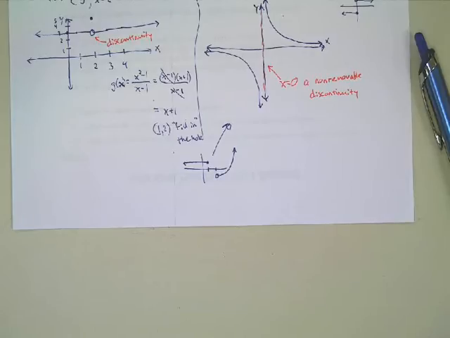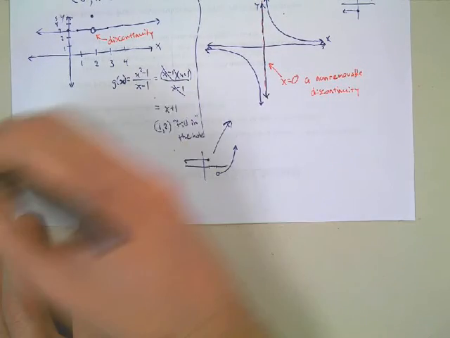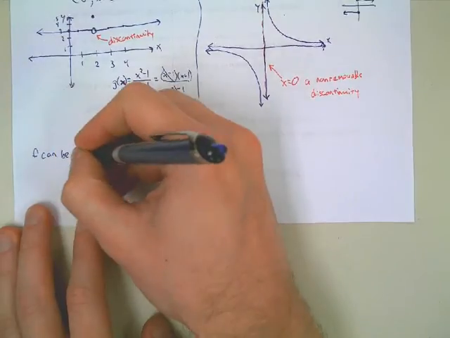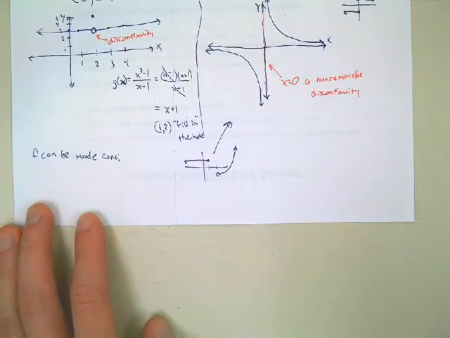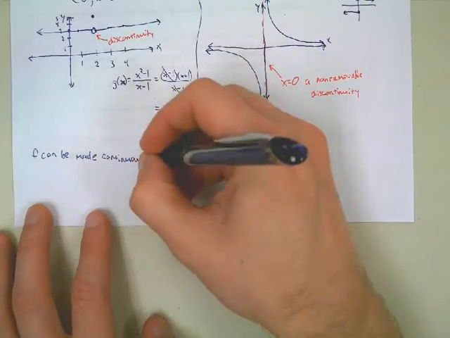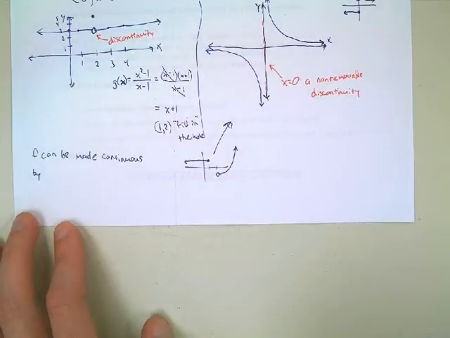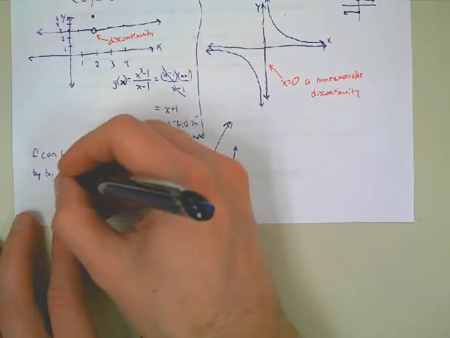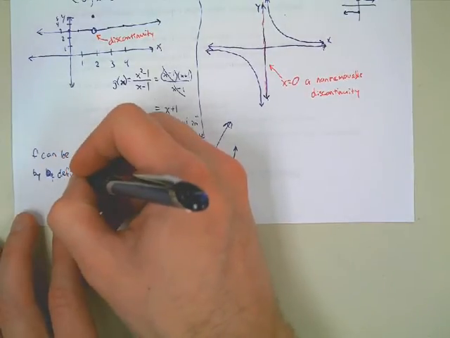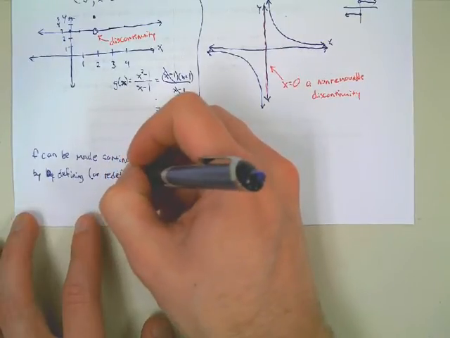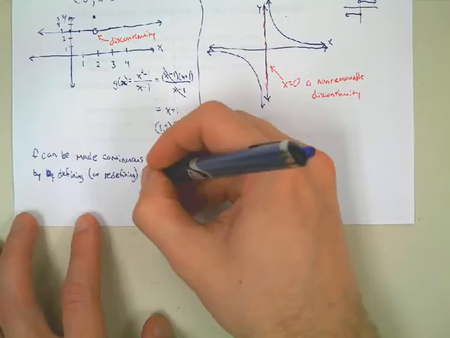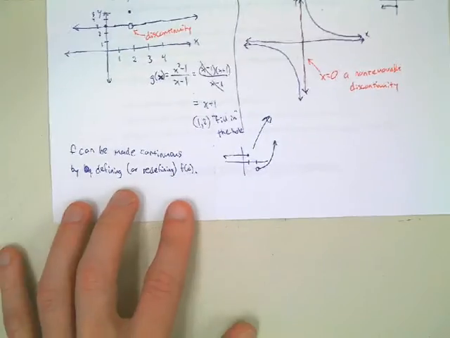I wanted to summarize something here real quick. The basic idea is that f can be made continuous by defining or redefining f of c.